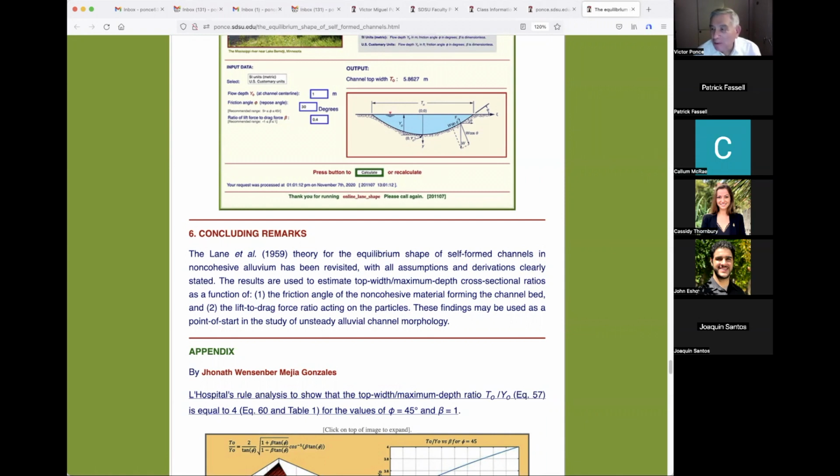So basically, we would have to say that this theory is not really applicable to values less than 20. But nevertheless, we put it in there to show what the trend of the computation is. Results are used to estimate top width to maximum depth ratios as a function of the friction angle and the lift to drag force. These findings may be used as a point of starting the study of unsteady alluvial channel morphology.